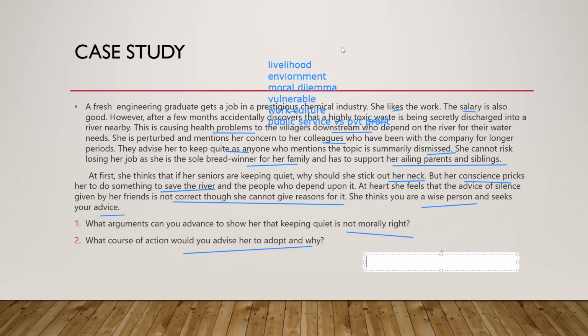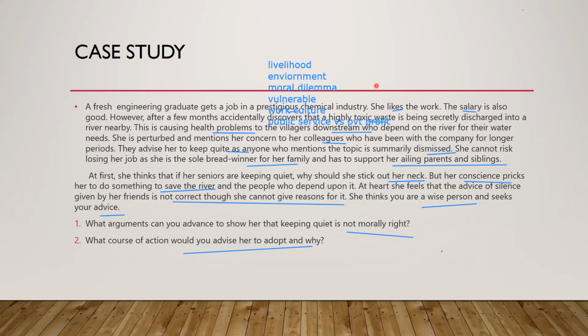You may think, sir has said that I'll have to write the introduction and conclusion. Yes, it is a must, but if it is not coming, then don't spend 3 or 4 minutes only on writing the introduction or conclusion. You can directly start by saying that these are the issues involved in the above given case study. Then, what arguments can you advance: the following arguments I will.